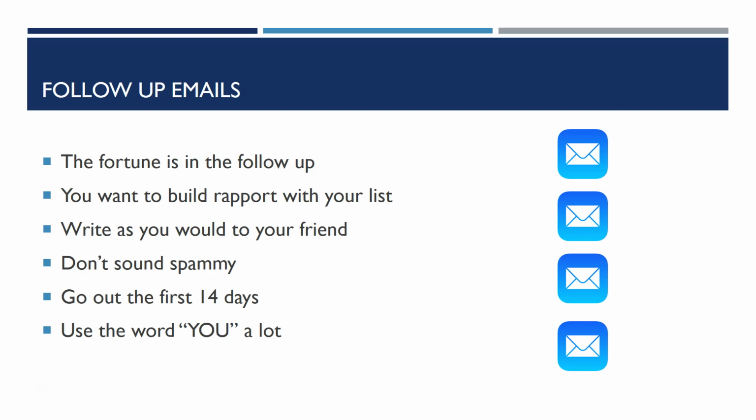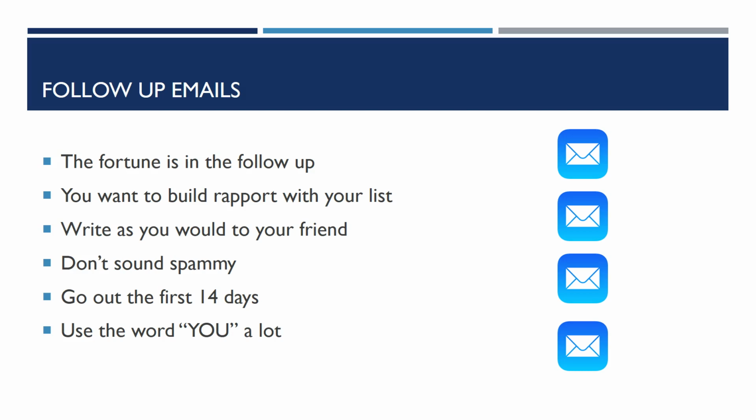You want to write these emails as you would to a friend, and you're going to use what's called an autoresponder, which is a service that will store the email addresses of your leads, and then you can upload these 7 emails to your autoresponder, and they're going to go out at a set time. So you don't have to sit there and type up these emails to every single person.